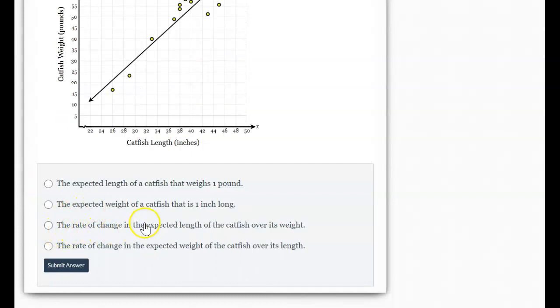The rate of change, oh, that's right, slope means rate of change in the expected length of the catfish over its weight. Length, is it run over rise? No. The rate of change, yep, slope means rate of change, in the expected weight of the catfish over the length. So weight over length, rise over run. Yes, those words are falling in there.